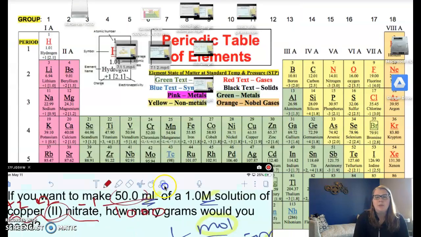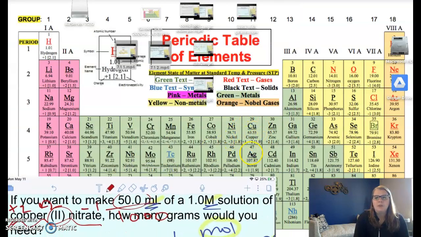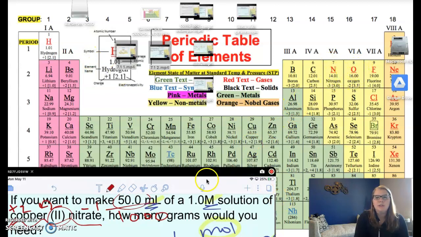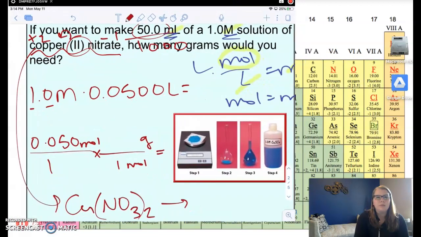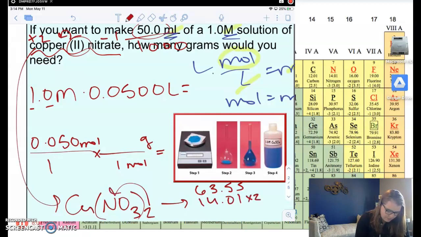So I need the molar mass of copper, which is 63.55. Nitrogen is 14.0. Oxygen is 16. That's everybody. So 63.55, 14.01, there's 2 nitrogens, and oxygen, there's 6 of them with the 2 and the 3.